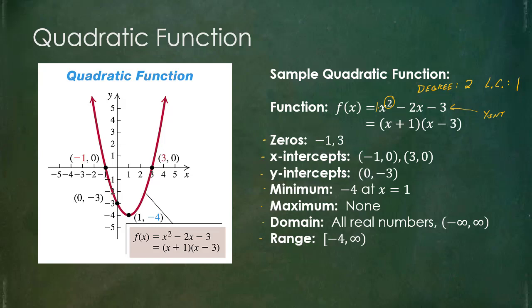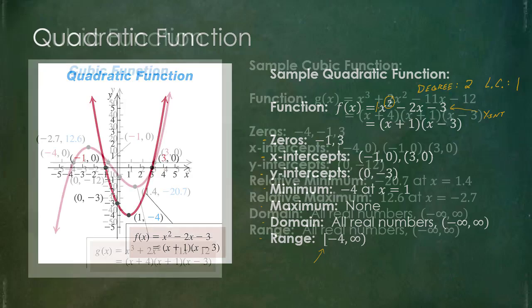Again, range goes with y values, so it would be everything from the y value of our vertex, or the minimum, which was -4, but it's a part of the graph, so it's included with a bracket, as you can see here. And then it goes up forever, so [-4, infinity). Again, with the bracket on -4, and infinity always has parentheses because it's technically not a number, it's more of an idea.